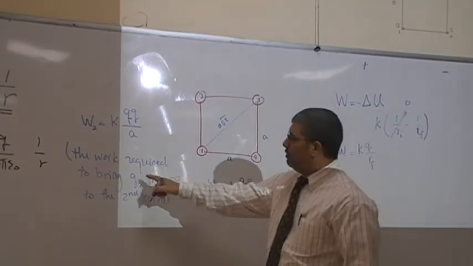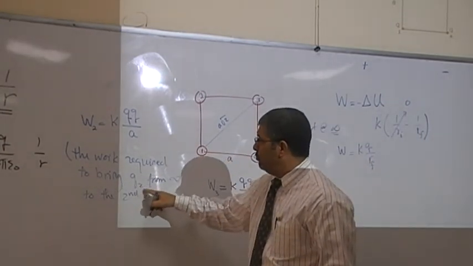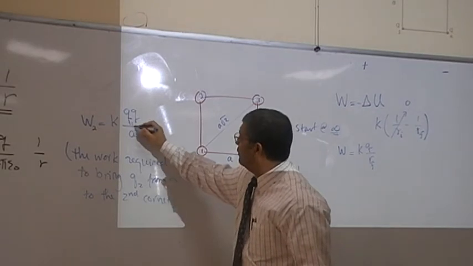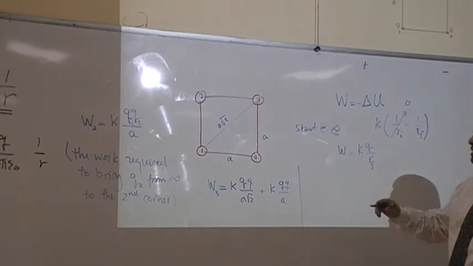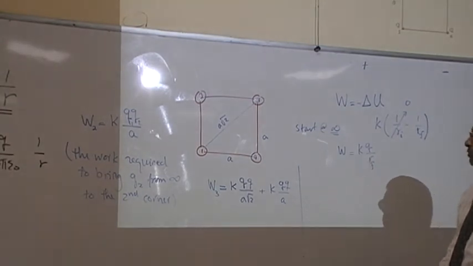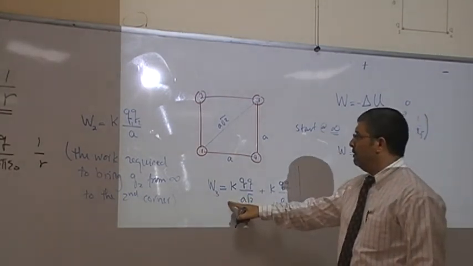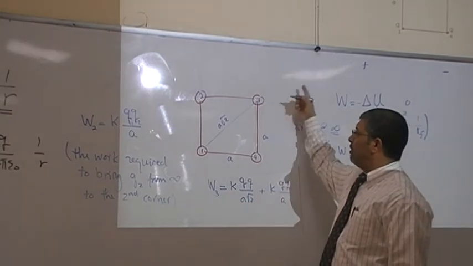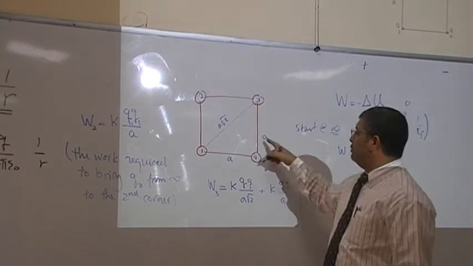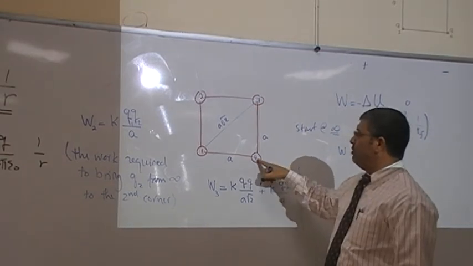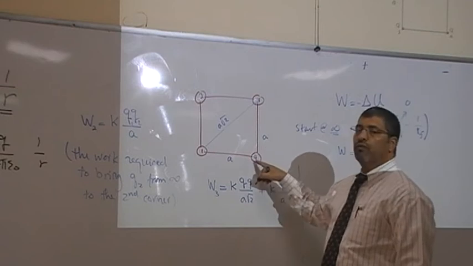This is the work required to bring Q2 from infinity to the second corner. I'm saying Q1, Q2, but they are the same. This is the work done to bring Q3 from infinity to the third corner. And the last is the work required to bring Q4 from infinity to the fourth corner.